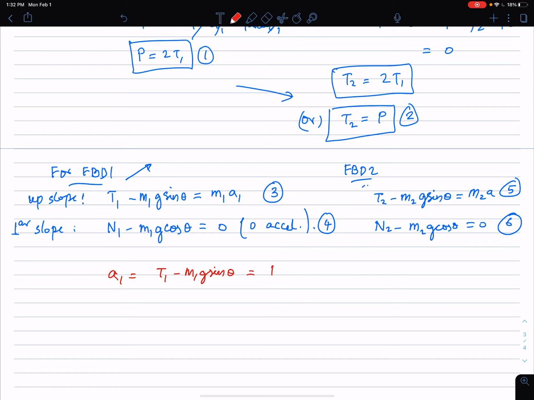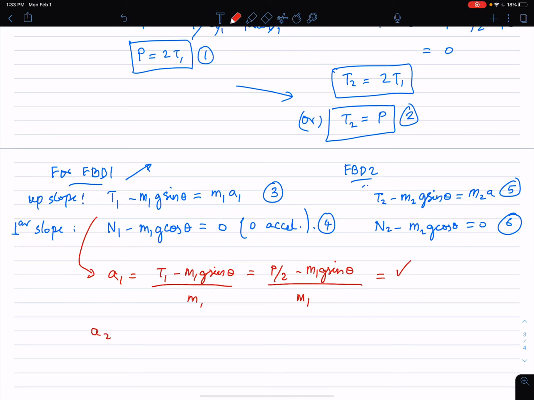T1 is P over 2, divided by M1 from here. So that's the answer for A1.